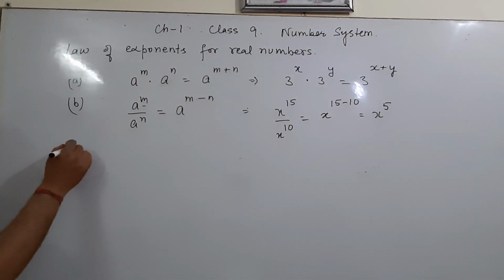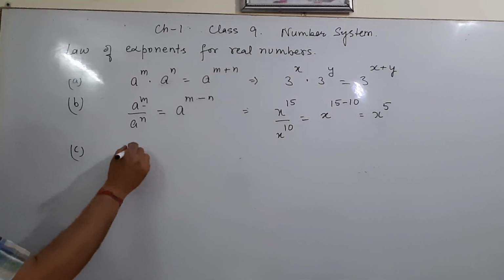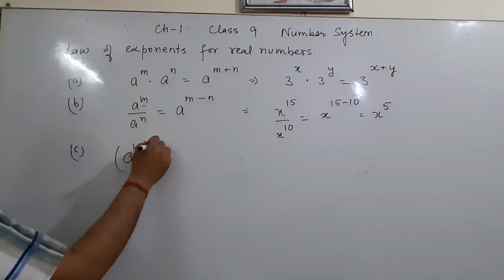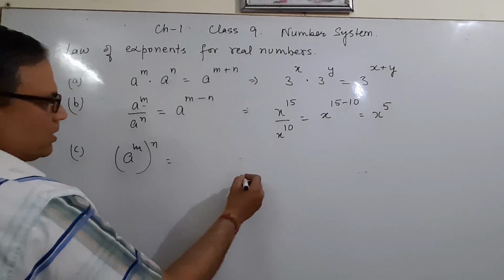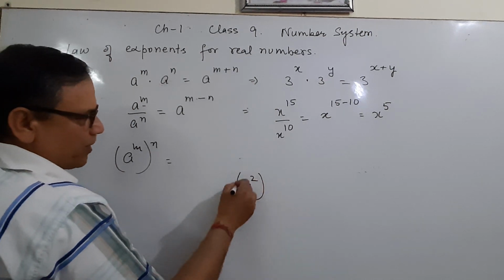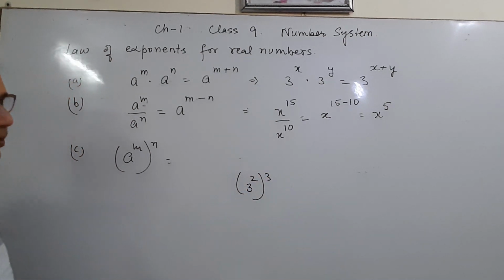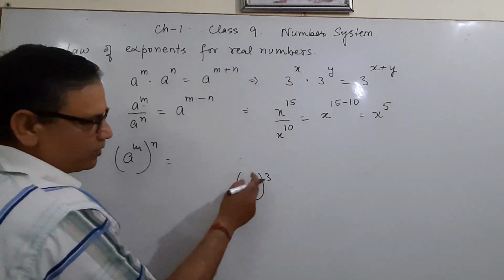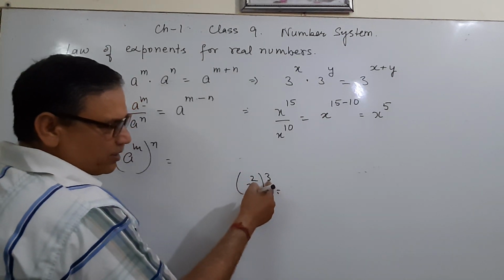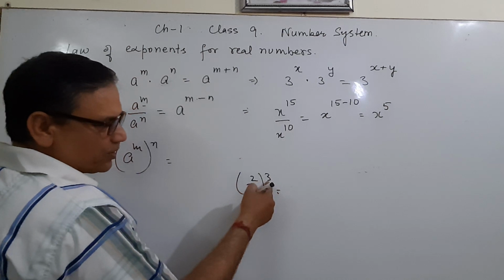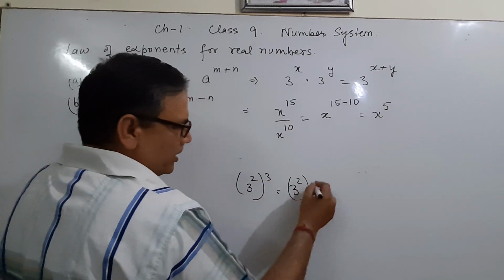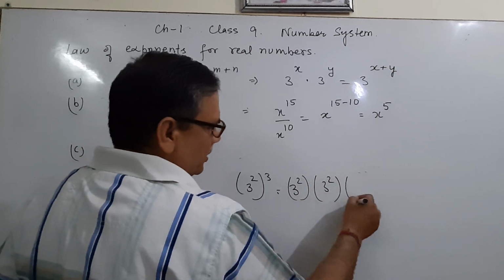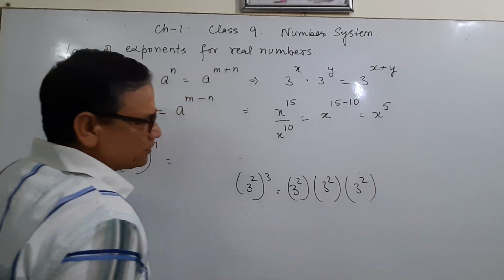And the third, c part: a power m whole power n. Then what is the answer? 3 power 2 whole power 3. What is the meaning of this one? 3 power 2 is multiplied how many times? 3 times. We can write 3 power 2 multiply 3 power 2 multiply 3 power 2.